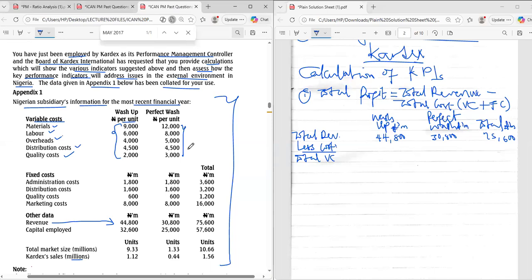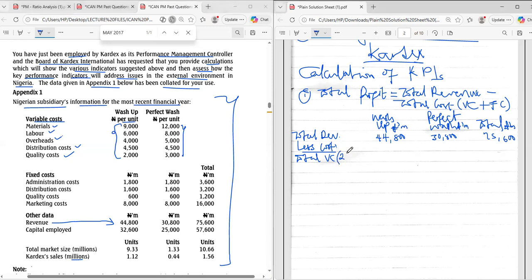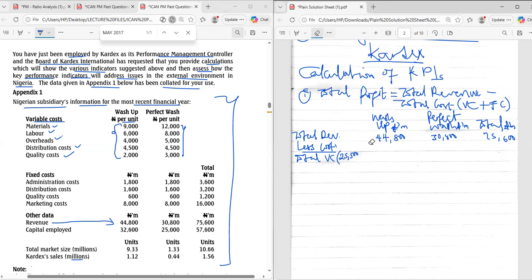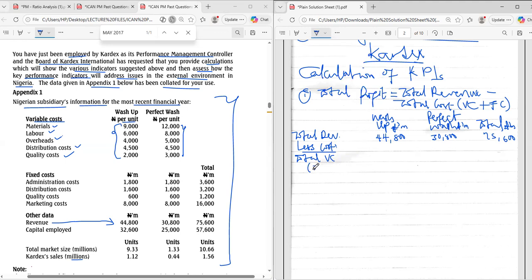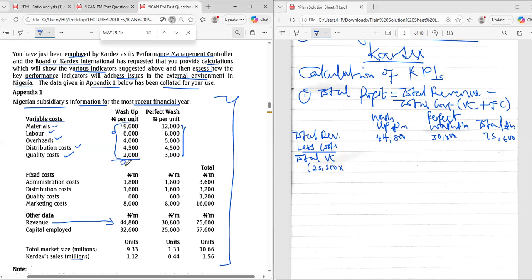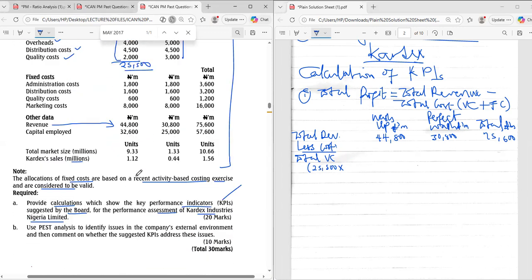For Workshop, it's 25,500. So we are going to multiply it by the quantity, because this is variable cost per unit, 25,500.